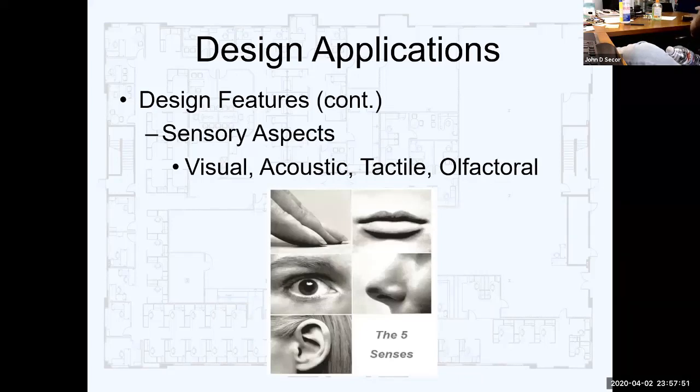So there are some other design features that may be more subtle. Of course, we understand the visual. And as I mentioned, there's an acoustic aspect of what we do. There's a tactile sense, what does it feel like? And then there's an olfactory consideration.